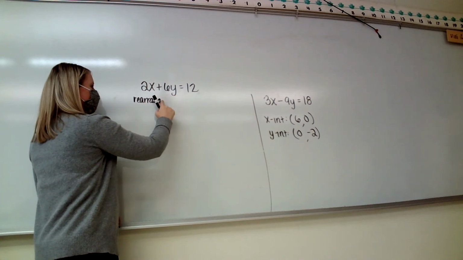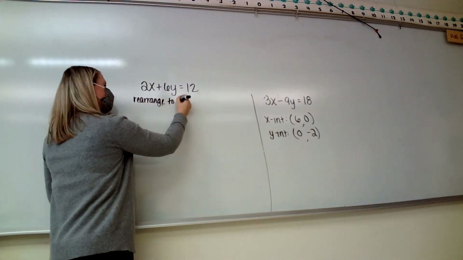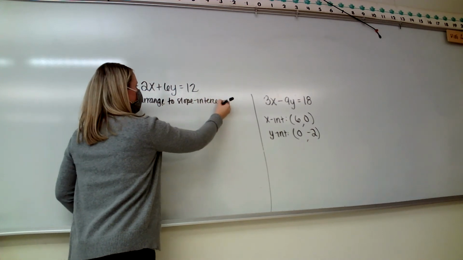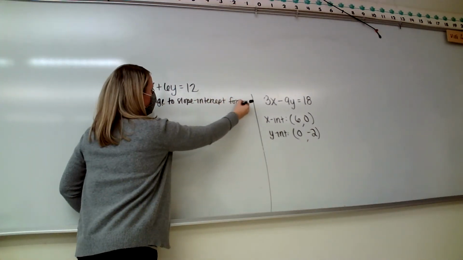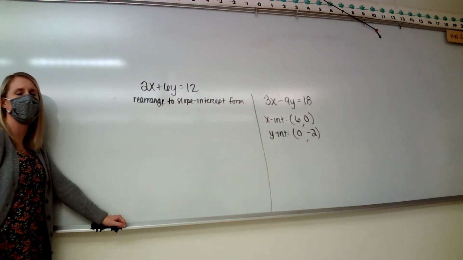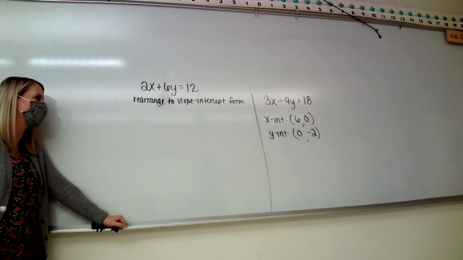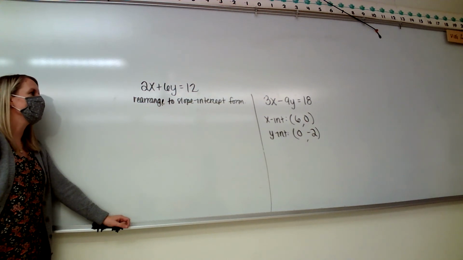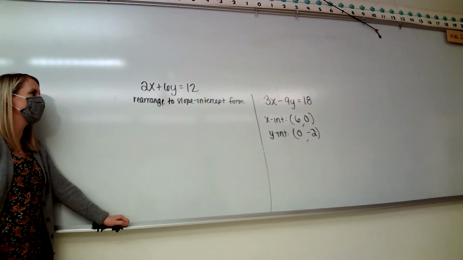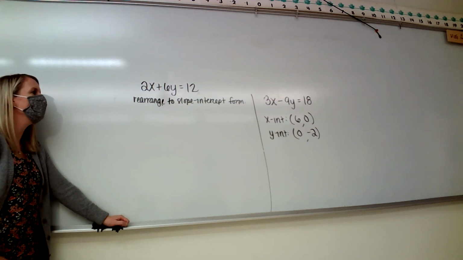If it's the same on both sides, remember what you call that? That is something that pops up in all my other math classes. So if I say rearrange to slope intercept form, depending on what we need, maybe that information will be more helpful.